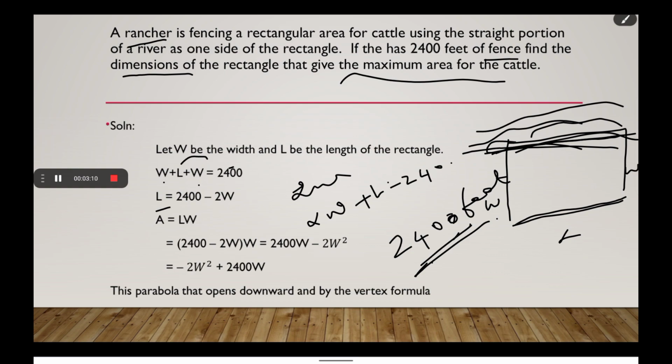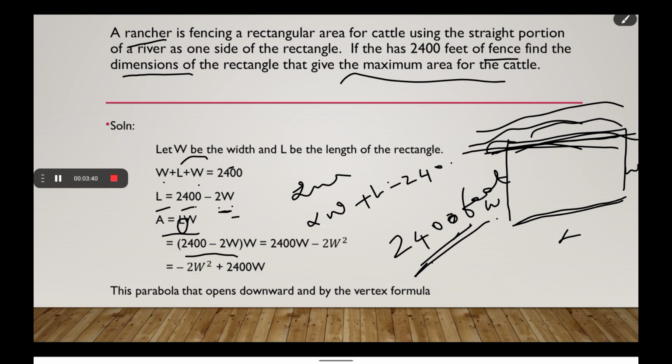Here L equals 2,400 minus 2W, moving the 2W to the other side with a negative sign. We all know the area of a rectangle is length times breadth, so area equals L times W. What is the value of L here? It is 2,400 minus 2W.